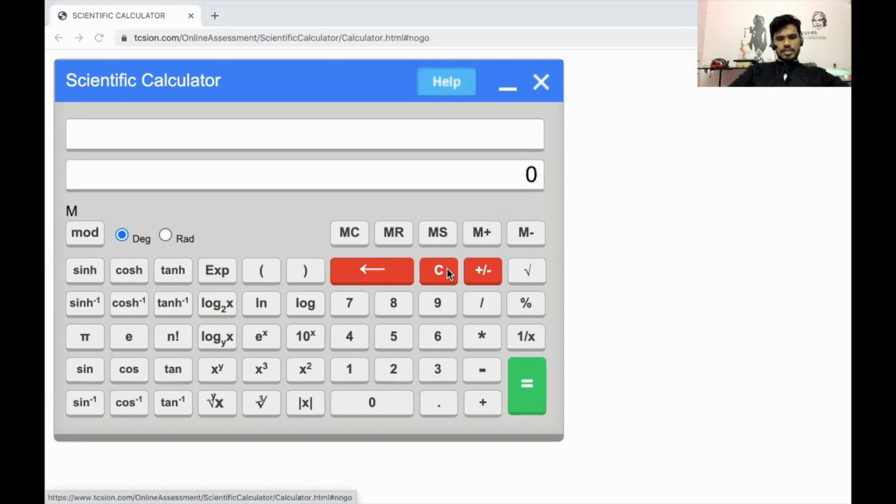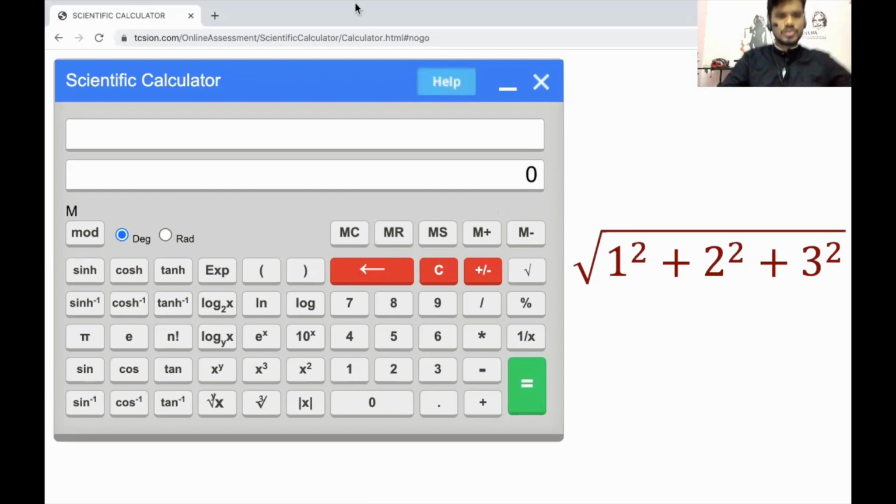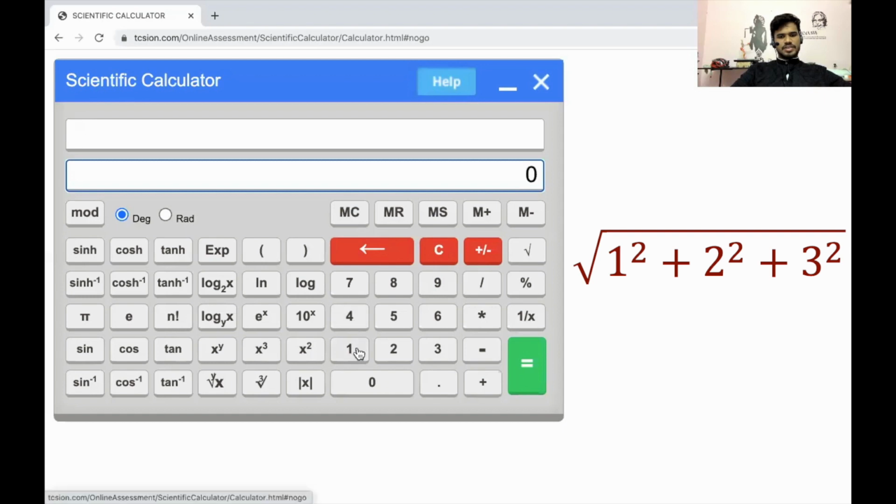Okay. With that, let me give you a proper quick expression to see where this is useful. Suppose square root of 1 square plus 2 square plus 3 square. First clear memory. 1 square.